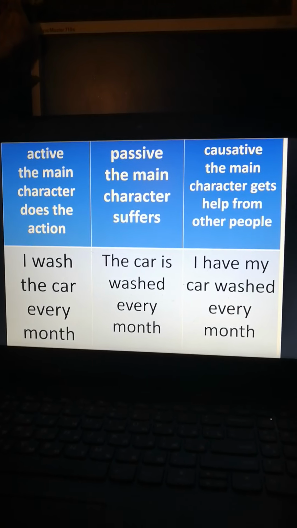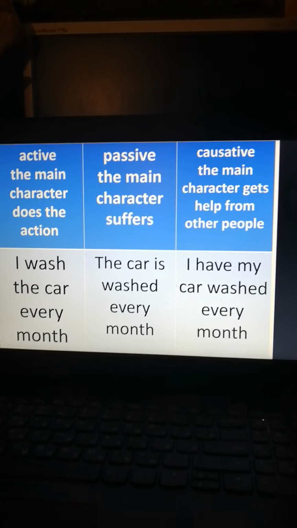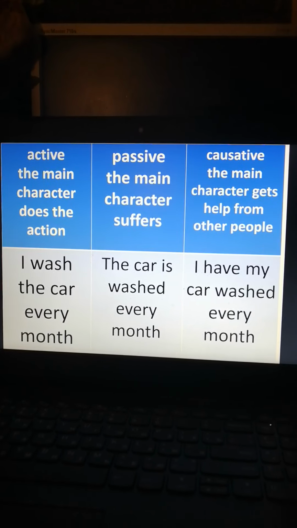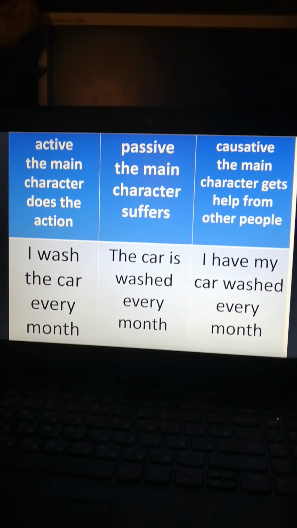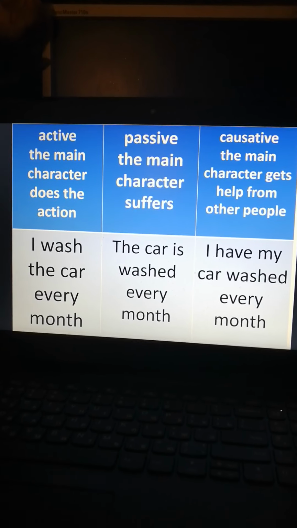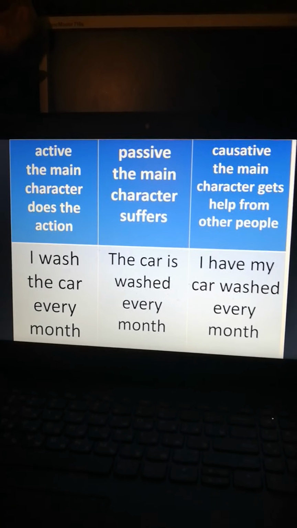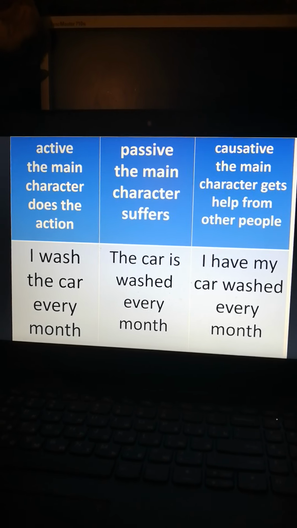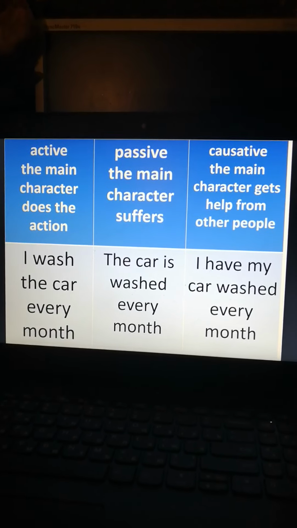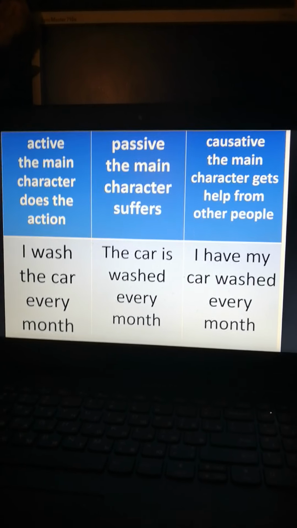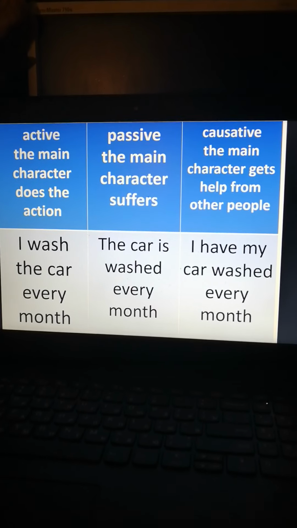And causative forms show that the main character gets help, gets service from other people. I have my car washed. I have my dinner cooked by my mom, etc.